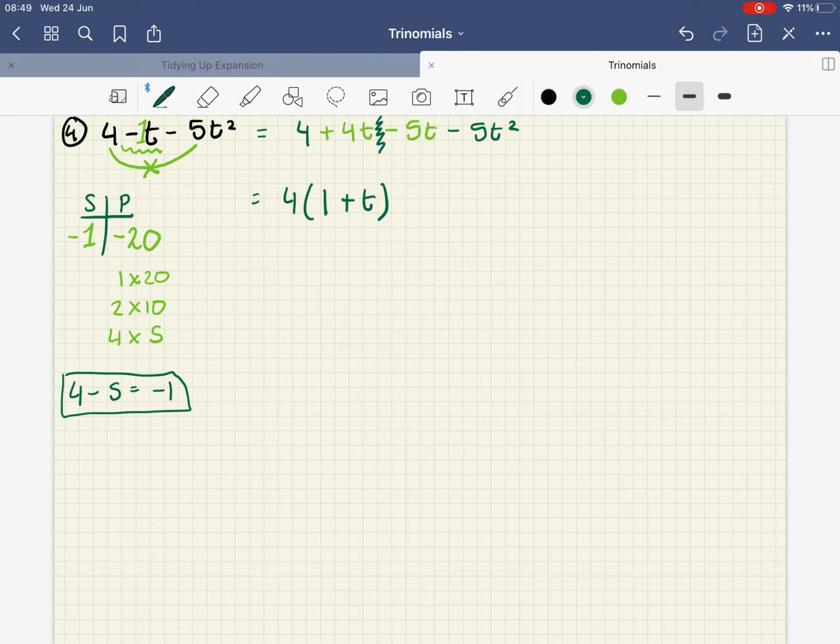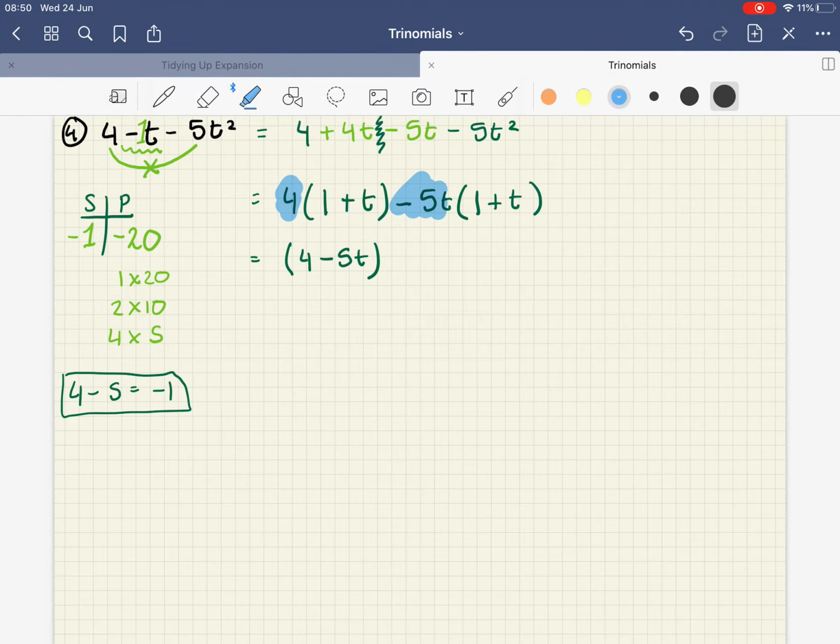Because that's a minus, I need a minus next. Highest common factor here is going to be 5t. And inside the bracket will be 1 plus t. And then connecting it together, one of my brackets is going to be 4 minus 5t. And my other bracket will be 1 plus t.